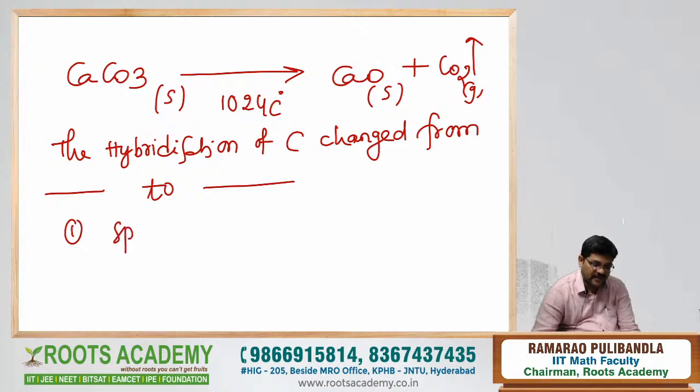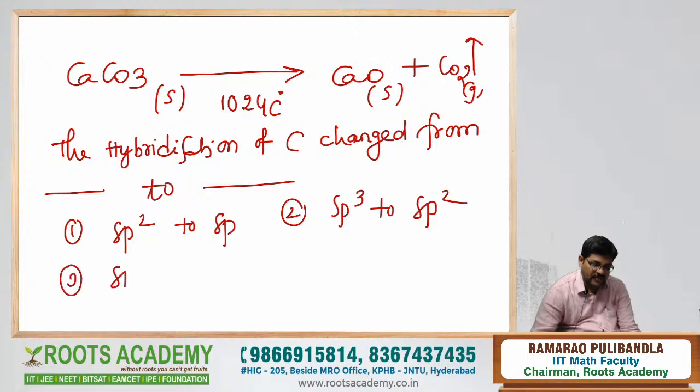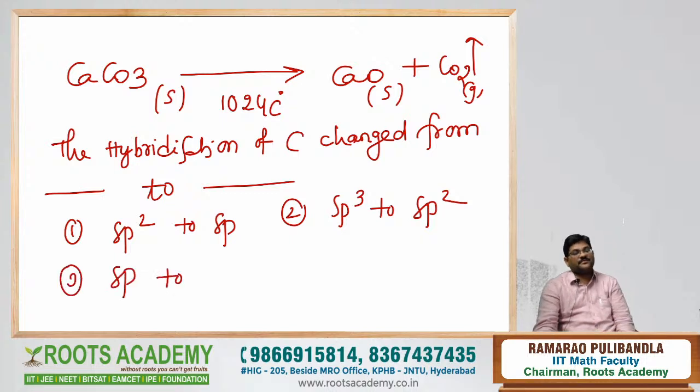The second option is sp3 to sp2. The third option is sp2 to sp2, and the fourth option is sp3 to sp. This is the question given. One of the beautiful questions.